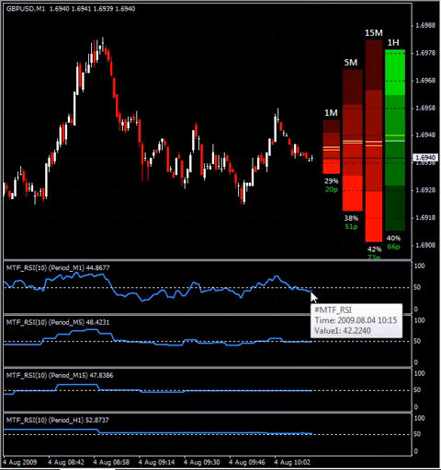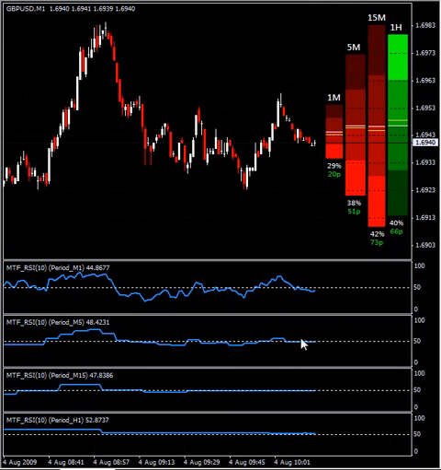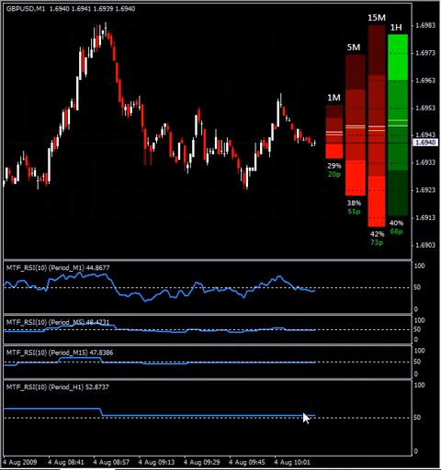As you can see, we are below the 50 line on the 1 minute, and that's what we have on the Forex Diver, and we are slightly below at 48 on the 5 minutes, and that's what we got here. We are at 47, so below, on the 15 minutes, and we are bullish at 52 for the 1 hour.